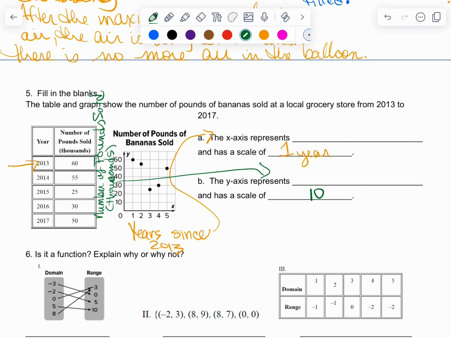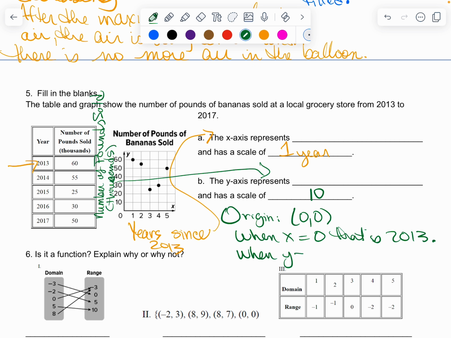Now, the thing that's not on here is I want to talk about the origin. What does the origin mean? We're at 0, 0. So the x value represents the years since 2013. So when x equals 0, that is 2013.